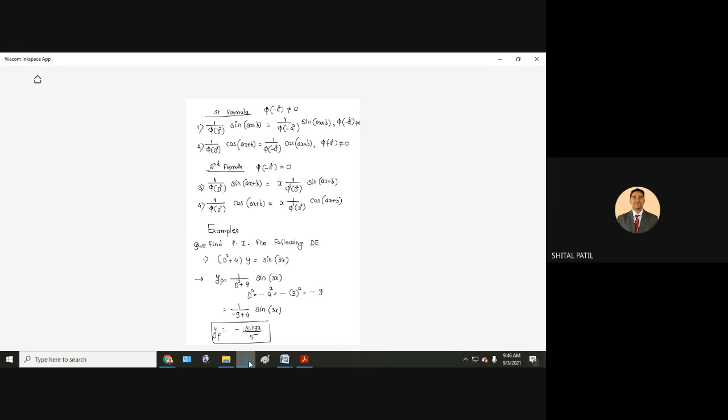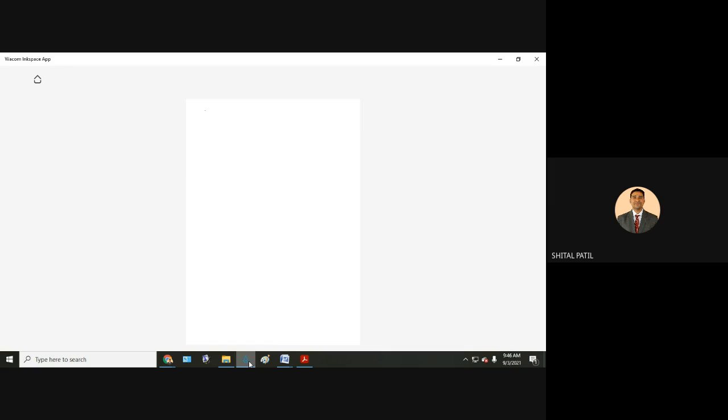Okay, next. Second example. Let me change the page. d raised to 4 plus d square plus 2, cos of x plus pi by 3.